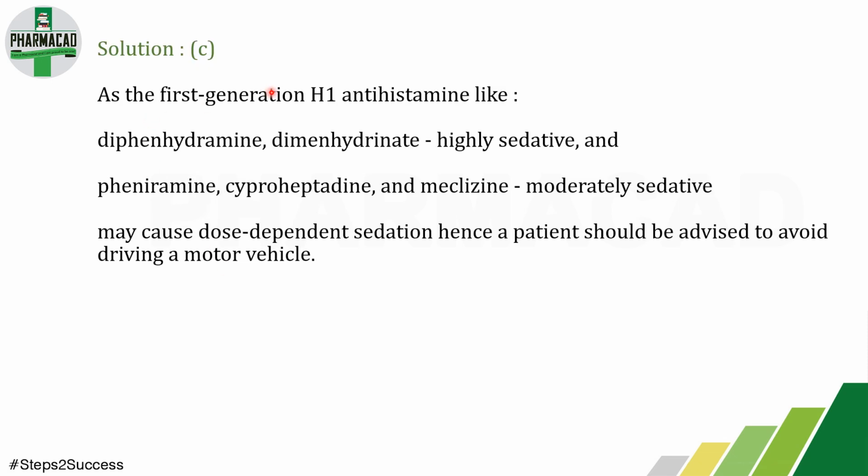So the first generation H1 antihistamines, for example, diphenhydramine, dimenhydrinate, are highly sedative drugs, but the pheniramine, cyproheptadine, and meclizine, all these three examples, that is PCM, are moderately sedative. They may cause dose dependent sedation. Hence, a patient should be advised to avoid driving a motor vehicle.